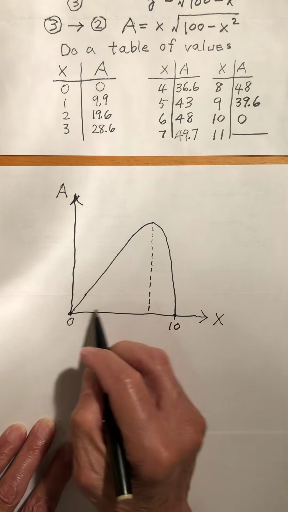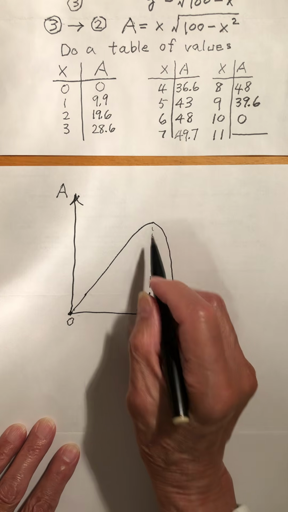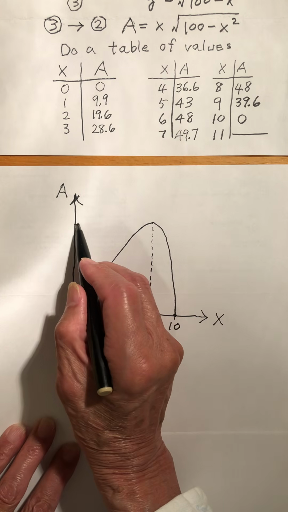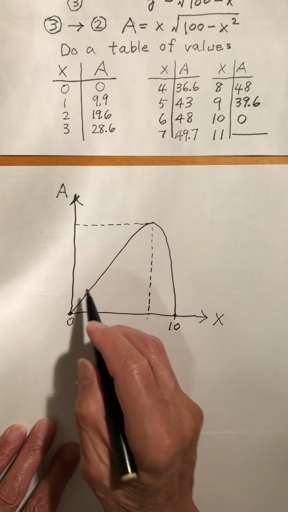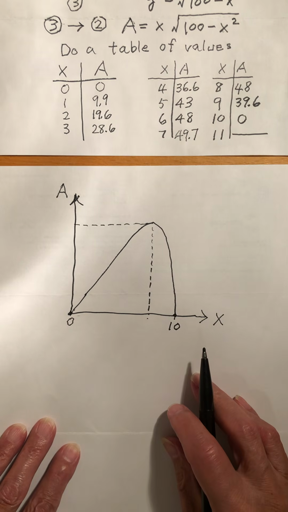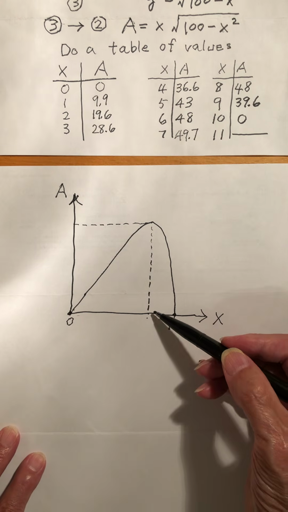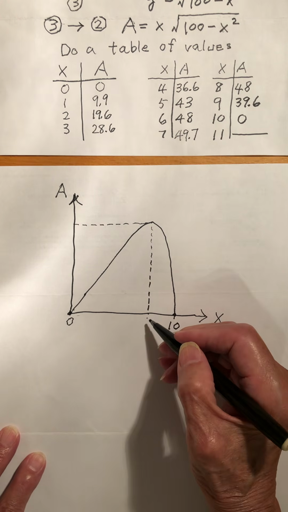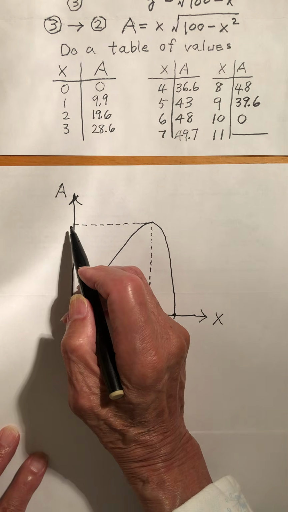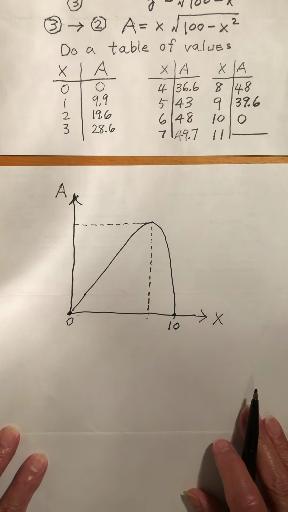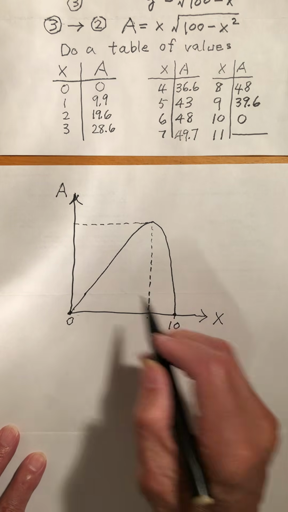And when x is this value, I have the maximum area. Now, if you draw this graph accurately, according to the table values, you can find this number from the graph, and you can find this number from the graph. So I do not have an accurate graph, so I'm not going to do that.